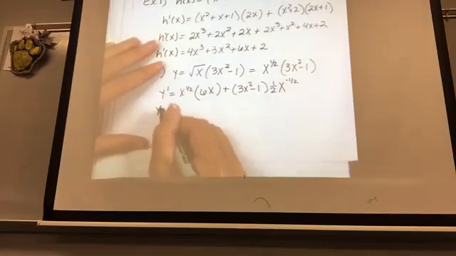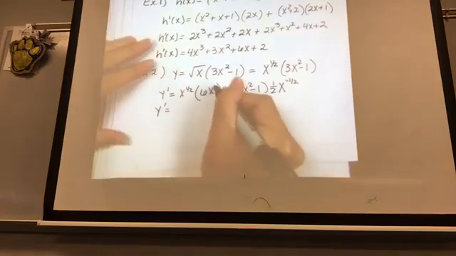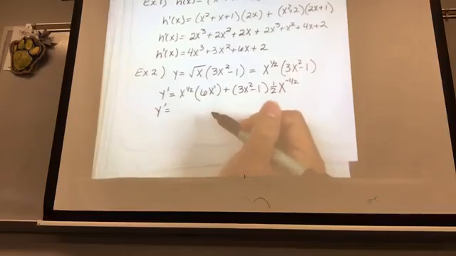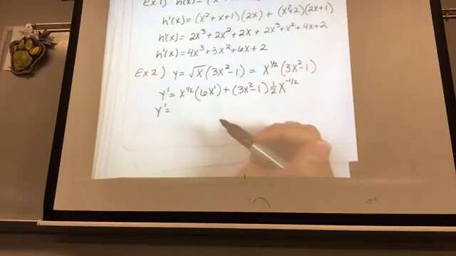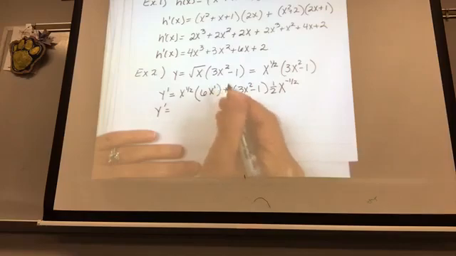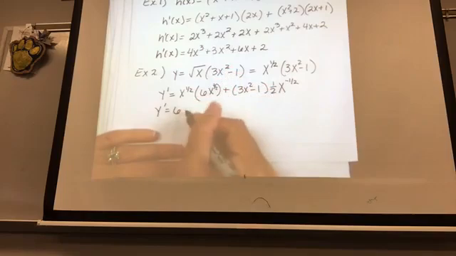So y prime will equal x to the 1/2 times x to the first. What do we do to their powers? Add them. So I can think of that 1 as 2 over 2. And so this is 6x to the 3/2.